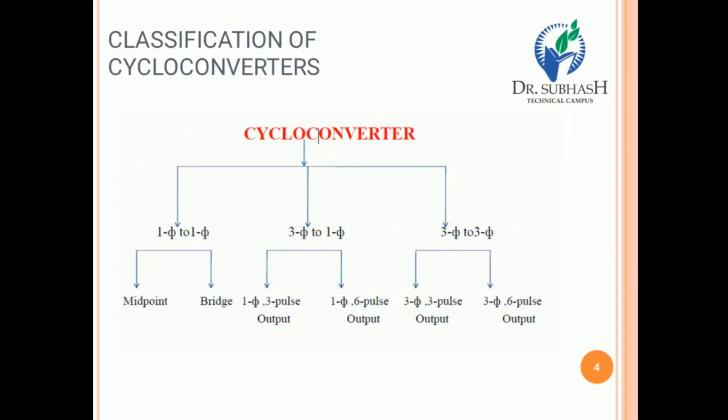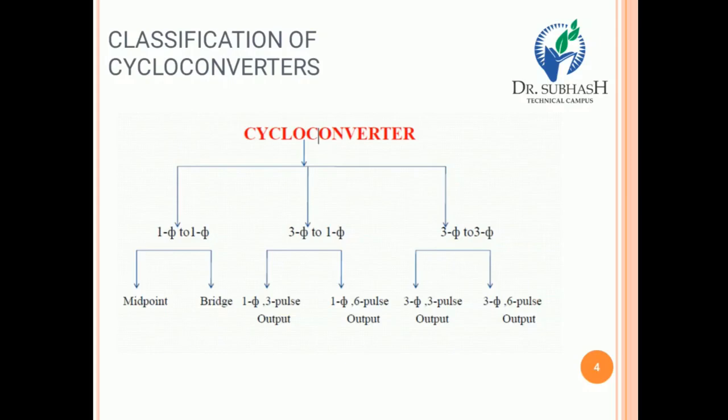Now that is the basic classification of cycloconverters. First, single phase to single phase conversion. Second is three phase to single phase, and third is three phase to three phase cycloconverter. Single phase to single phase can be divided into either a mid-point cycloconverter or a bridge converter.